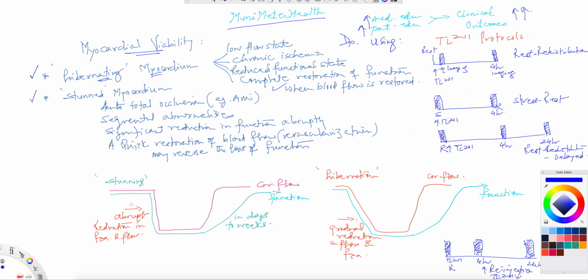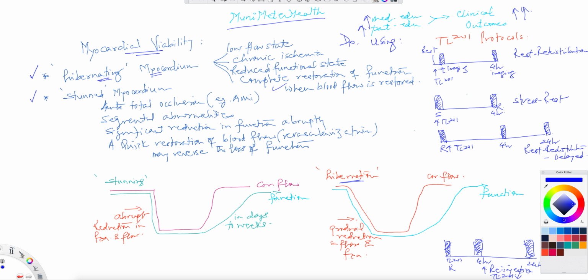Now look at here, this is an example. Here you have hibernating myocardium, where the flow tends to lessen and lessen over a period of time, say several days, several weeks, several months sometimes, or even years. Like in a chronic heart failure state, it could be hibernating for a long time, and it only gets worse over the next several durations of time.